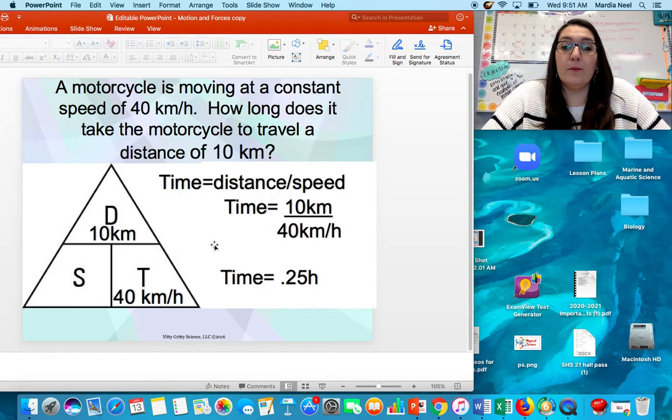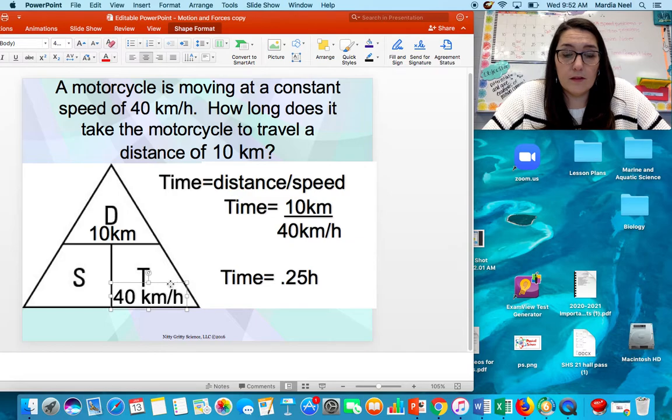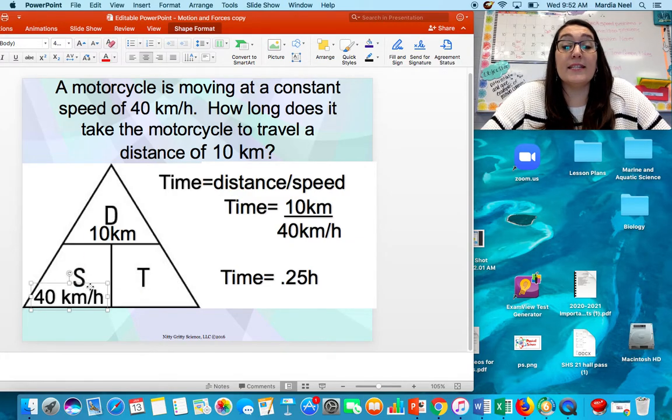All right, let's look at another one. A motorcycle is moving at a constant speed of 40 kilometers per hour. How long does it take the motorcycle to travel a distance of 10 kilometers? So it tells us that the speed is 40 kilometers per hour. It tells us the distance is 10 kilometers. So I'm going to cover up my time.